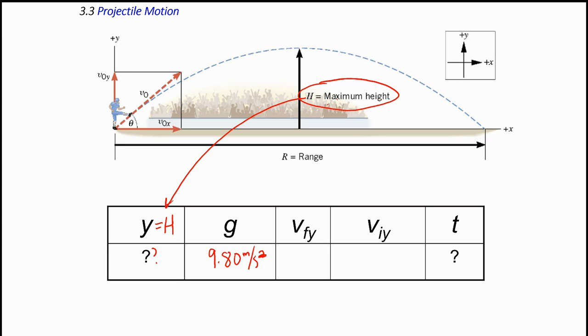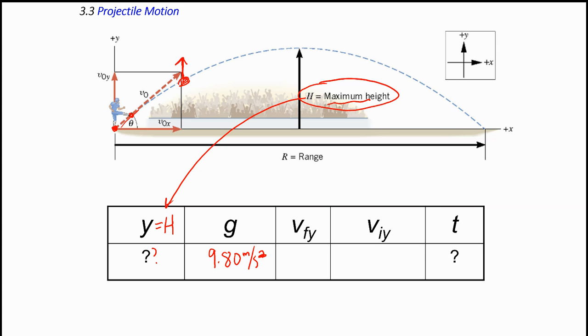If this is going to be the maximum height, we know it's going to take off with some velocity in the vertical direction. But as this football travels along this path, the cool part is its vertical velocity is going to get smaller because gravity is slowing it down. So it's not going to be moving up nearly as fast here as it was way down here when he first kicked it.